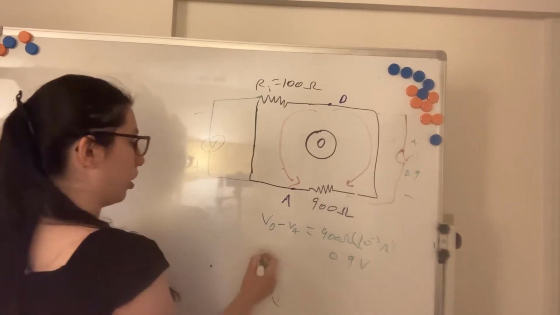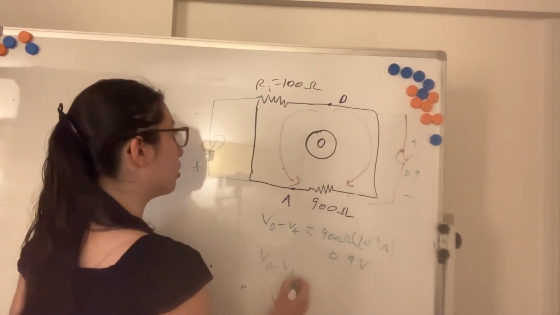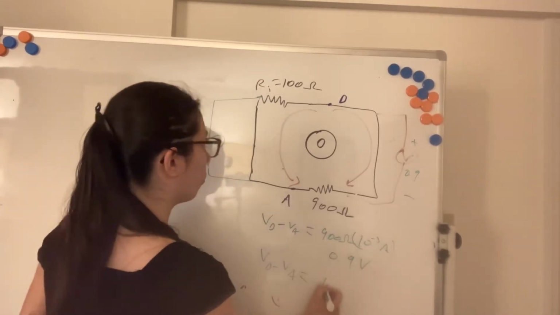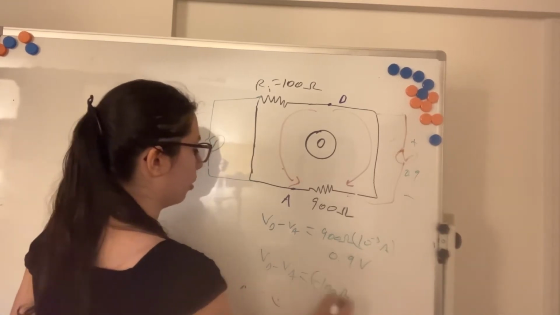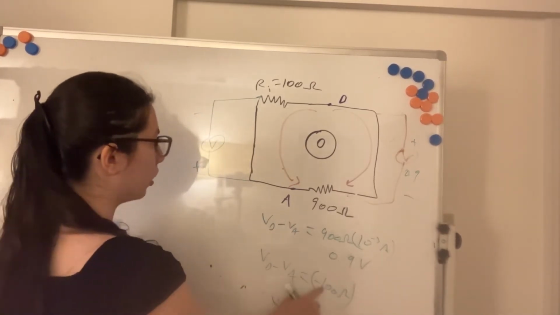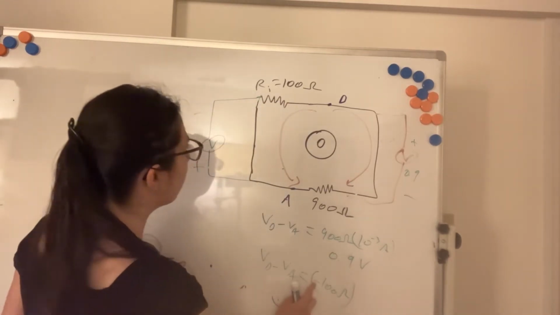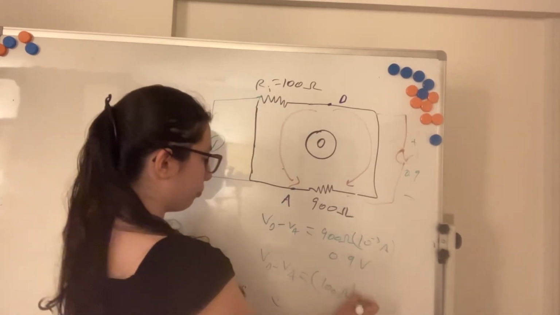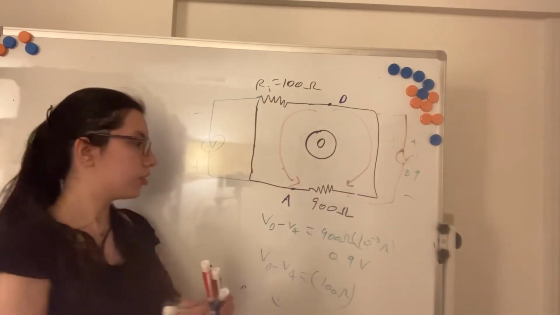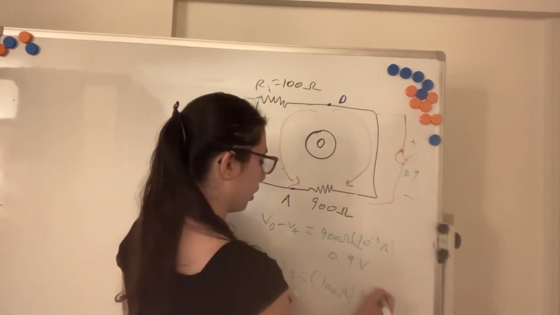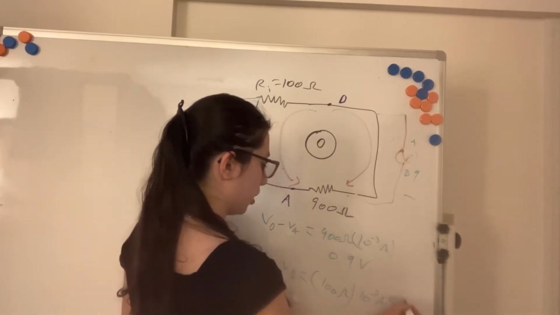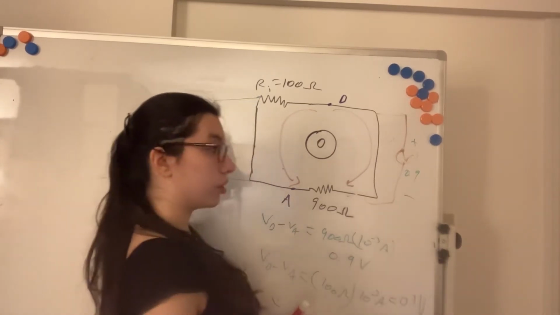Going this way, we have VD minus VA would be equal to negative 100 ohms, because I'm taking this, and we have no battery, so it's just 100 ohms times 10 to the negative 3 amperes, and this is 0.1 volts.